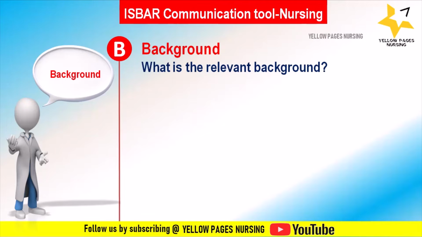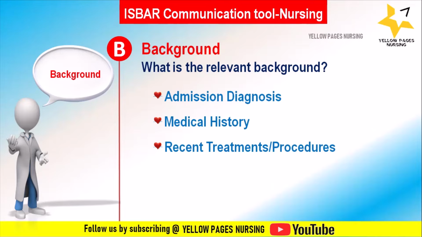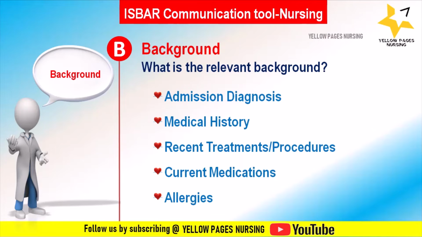Provide relevant clinical history, which includes admission diagnosis, that is the main reason for admission; medical history, that is key medical history and chronic conditions, for example diabetes mellitus, hypertension, COPD, etc.; recent treatment or procedures, that is any surgery or summary of recent interventions; current medications, including a list of current medicines; and allergies, that is the patient's known allergies.